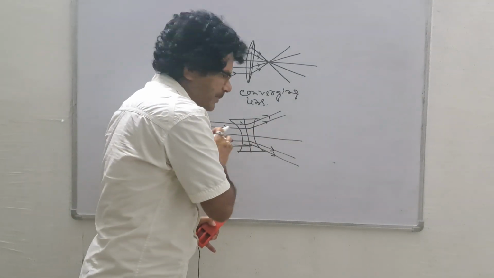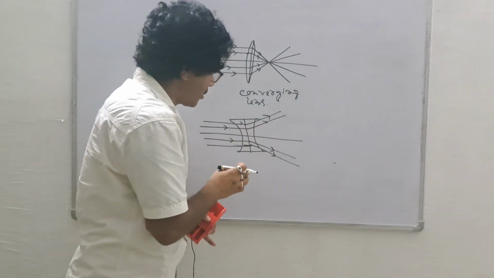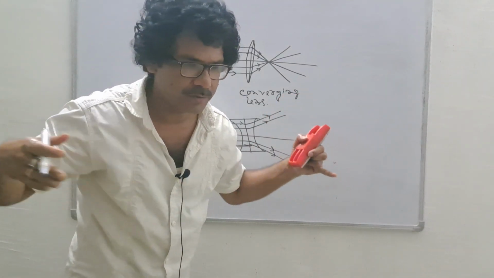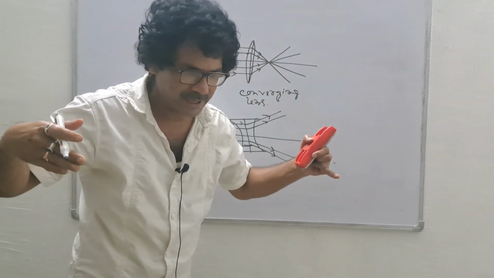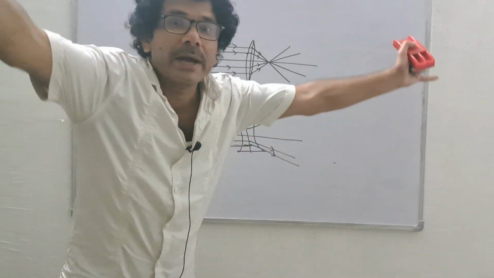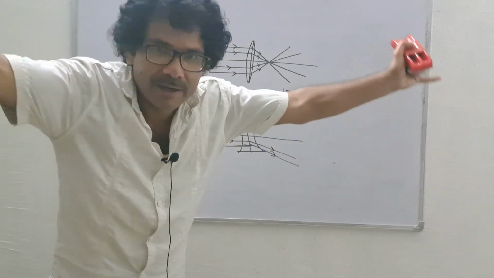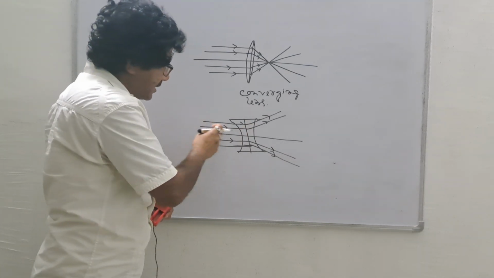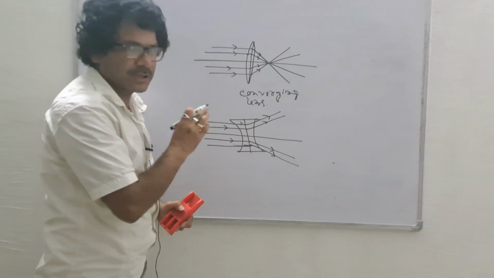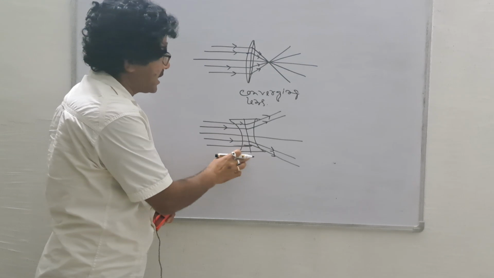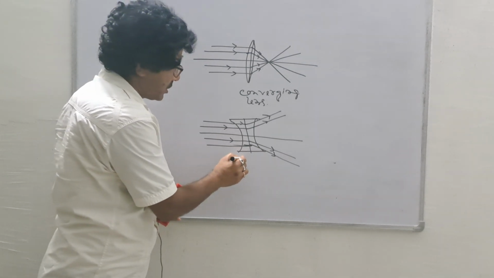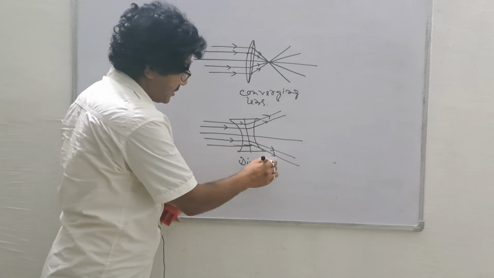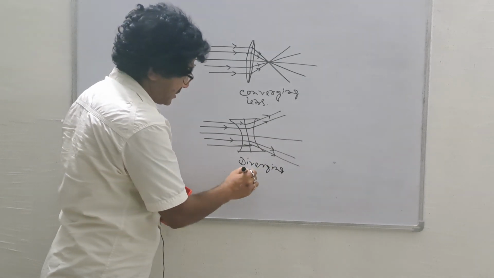This is called the principal axis, I will discuss afterwards. Converge means they are meeting at a point. Diverge means they are going away, spreading. So you see, this lens diverges the parallel rays of light passing through it. So this concave lens is also called a diverging lens.